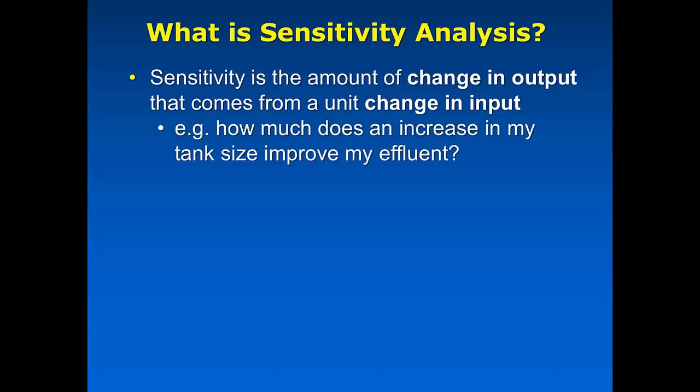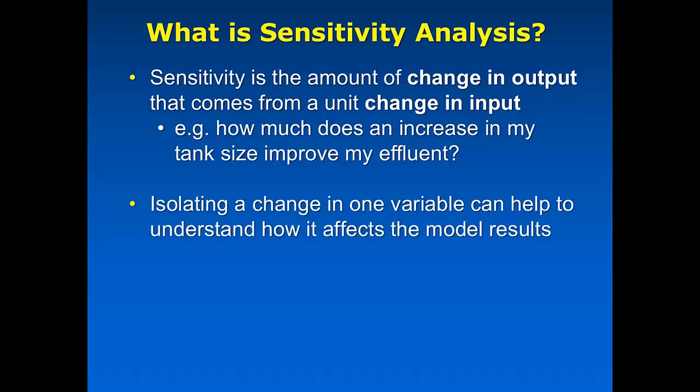But usually the way it's used in most analysis is looking at one of the important input parameters to the model, like the size of the tank or the influent load. And when I change that, how does my particular plant design change over time? So I want to know how much of an effect that change in my design is going to have on my effluent. So if I increase my tank size, is that going to improve my effluent quality?